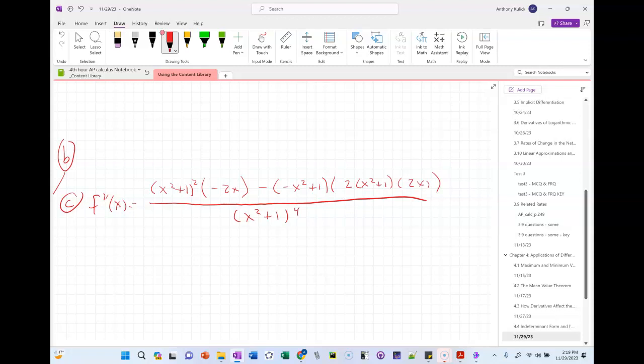So far, so good. Yuckarooskies. Let's see, I can factor out one of these. And then that's going to leave me negative 2x times another one of those, minus negative x squared plus 1 times 4x.